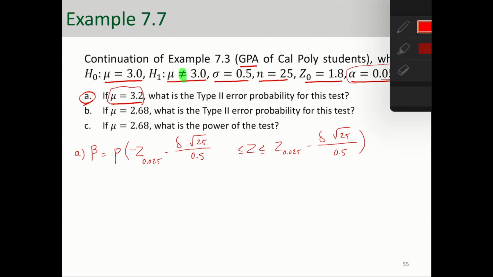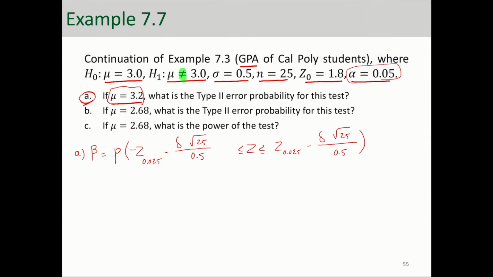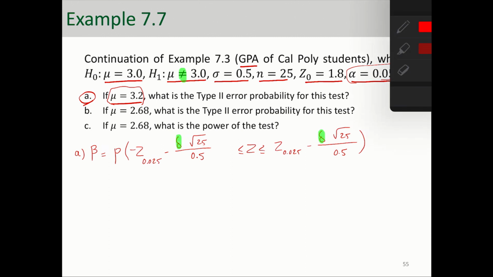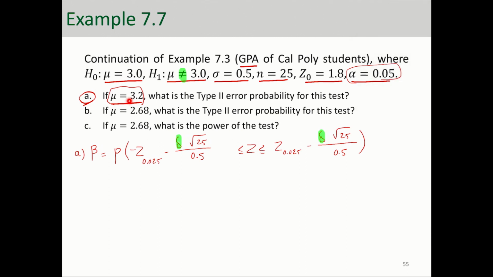Now, what is the delta here? What is delta that we need to put here? Well, delta is based on the information given in part A. Part A says if the true population mean is 3.2, that means delta is mu minus mu naught, so 3.2 minus 3.0.